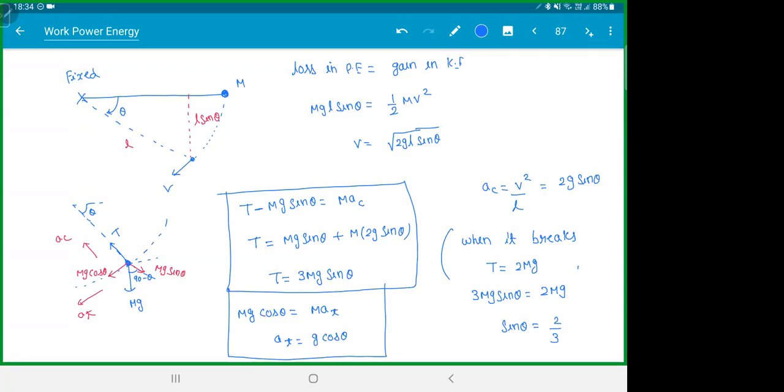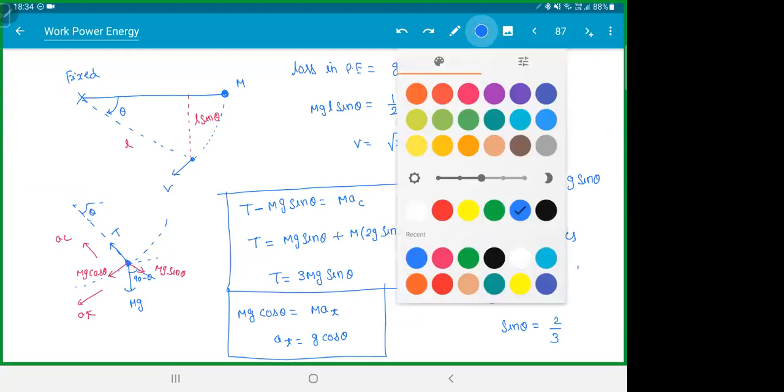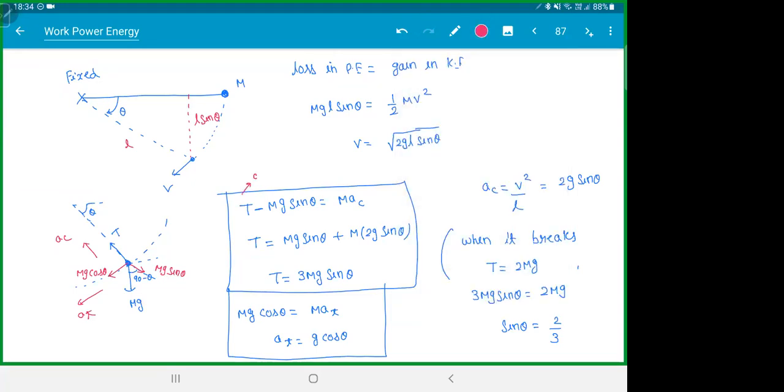So I hope that is clear. To look at the equations there. So we are writing equations in this direction and equations in this direction. So you have treated these things as x and y along the string and perpendicular to the string. These are equations along the string. I think you got that point.